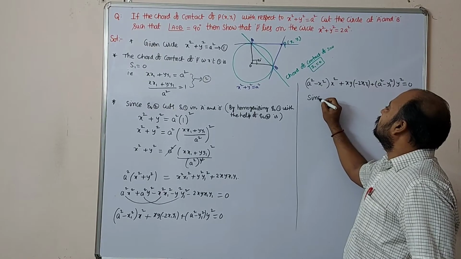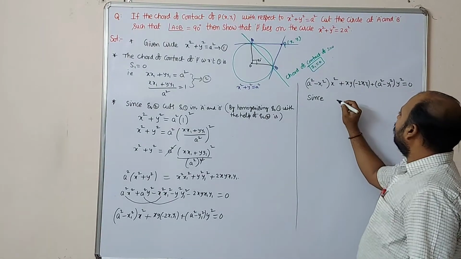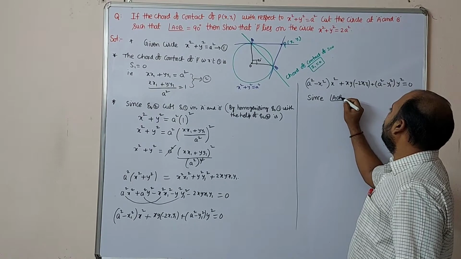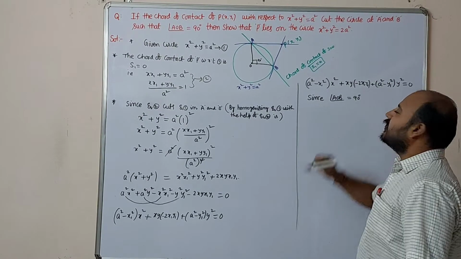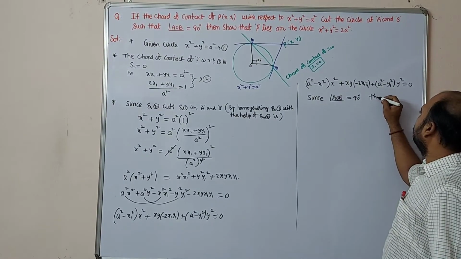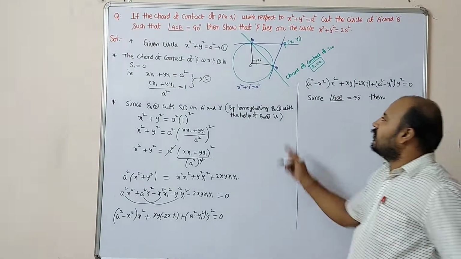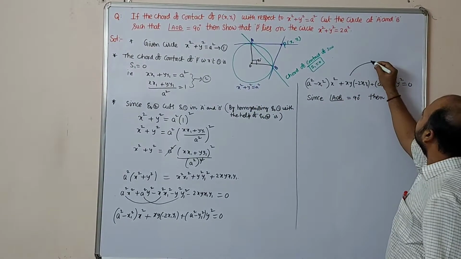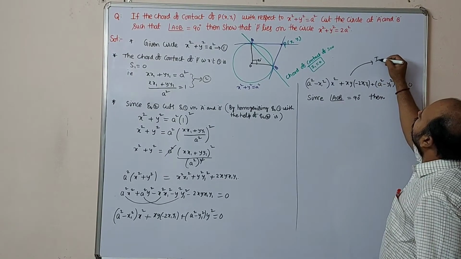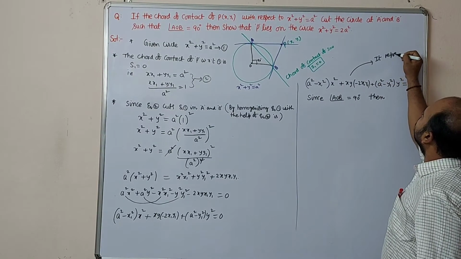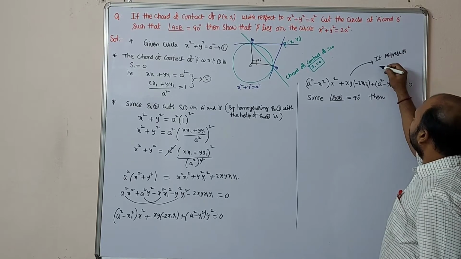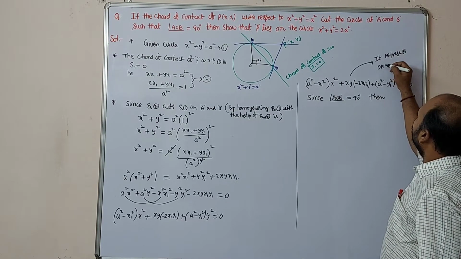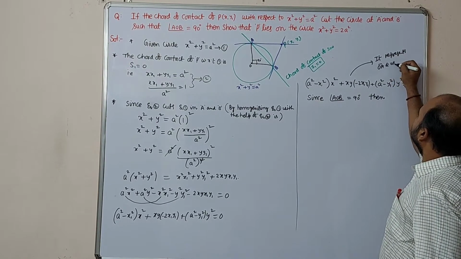Since angle AOB is equal to 90 degrees, when the pair of lines are perpendicular, this represents the OA and OB lines.